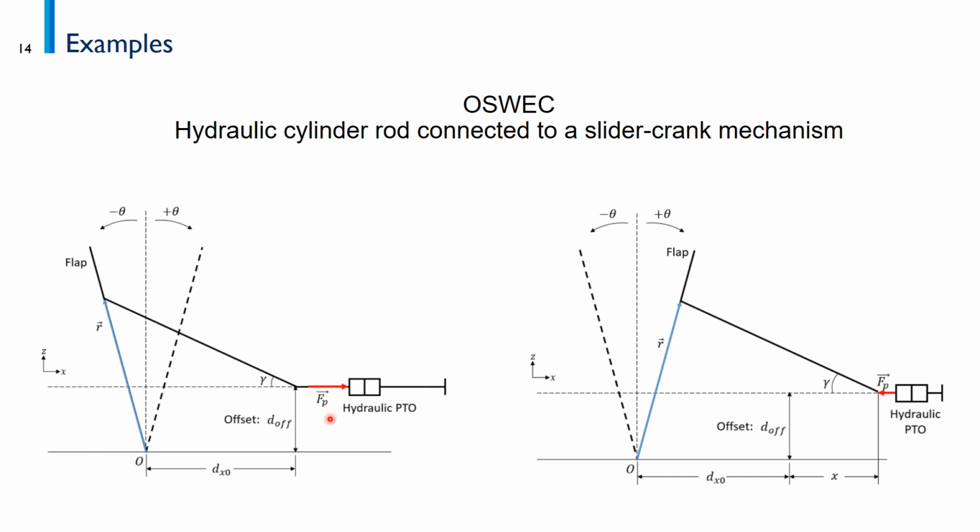So you need to use a motion conversion block to convert the rotational motion into linear motion in the hydraulic PTO. So this is the other example that you can find in the WEC-Sim applications repository.